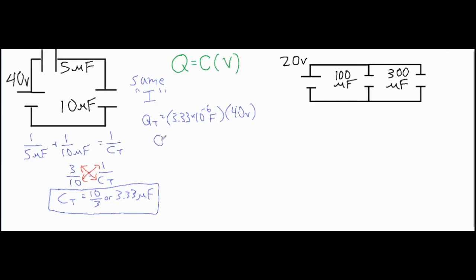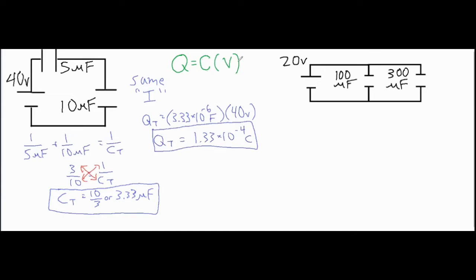And that would give us a total Q value of 1.33 times 10 to the negative 4 coulombs. Okay, now that Q value applies to both of our individual capacitors. So I can go ahead and use that number twice.